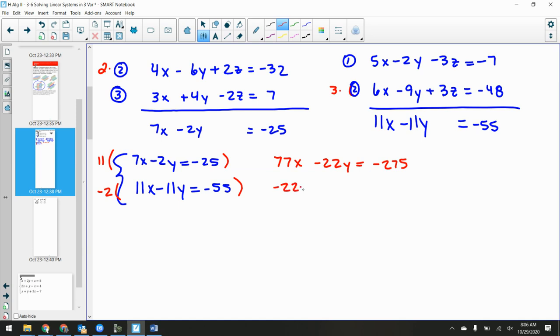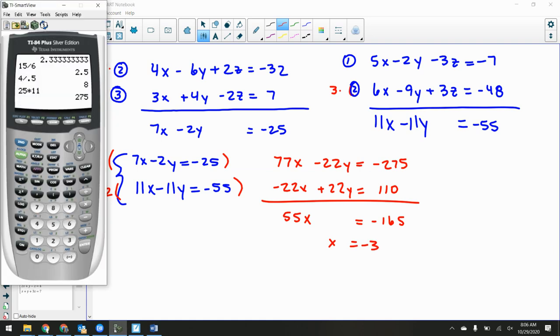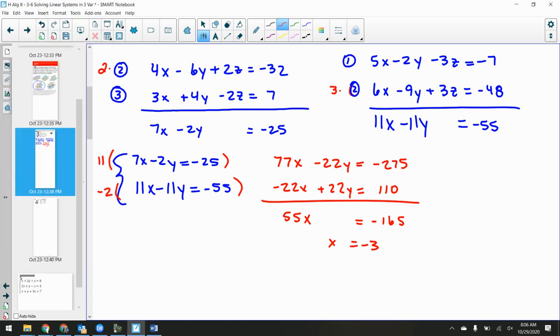That becomes negative 22x plus 22y is equal to a positive 110. I'm going to add these two equations together. Okay, this is going to get me a 55x is equal to negative 165, which conveniently, when I divide by 55, negative 3. Right, 165 divided by 55 is 3. So negative 165 divided by 55 is negative 3.